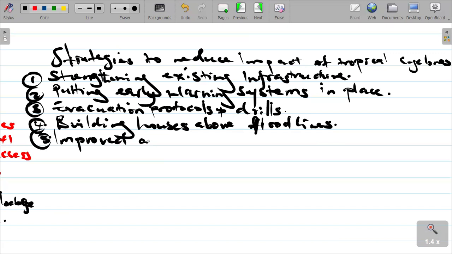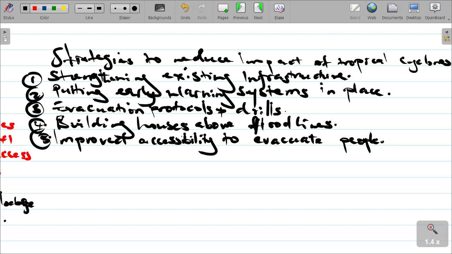And then we can talk about improved accessibility to evacuate people, so that people can be removed from wherever they are affected.